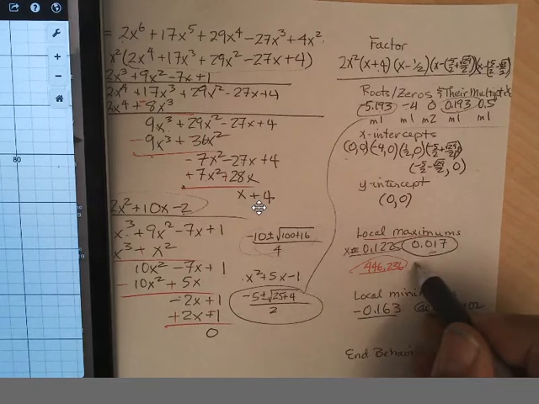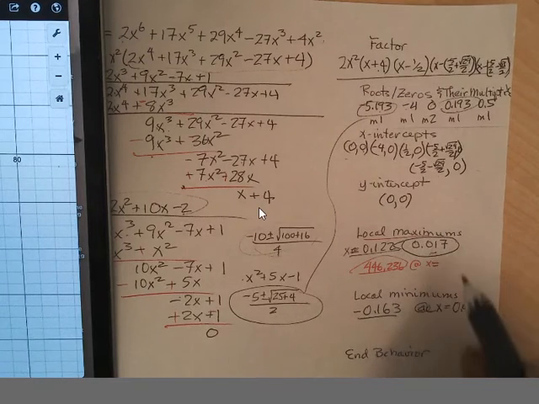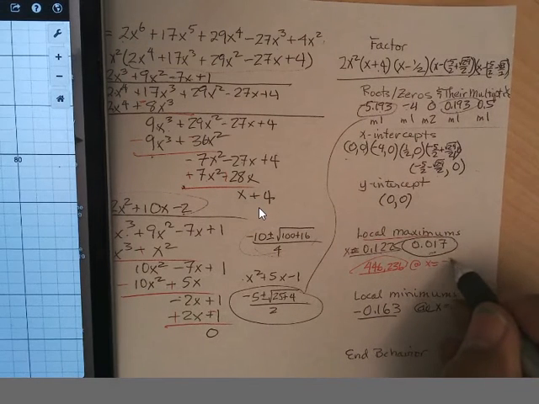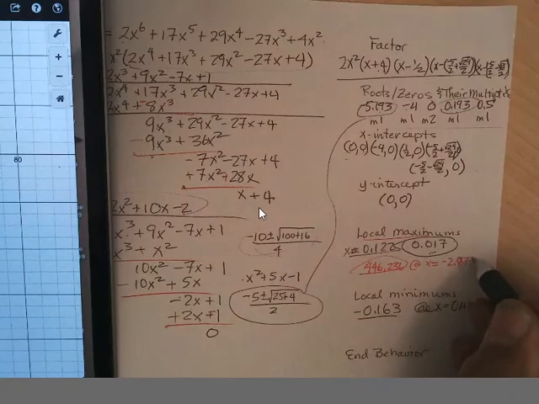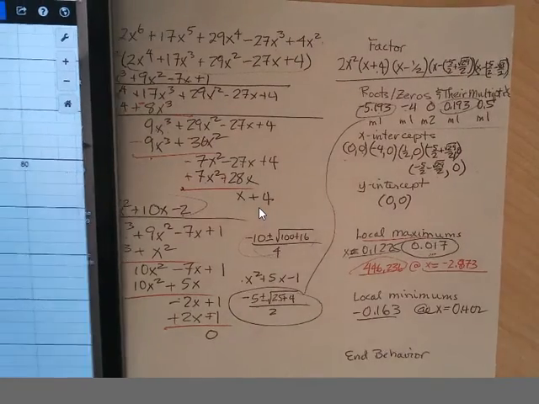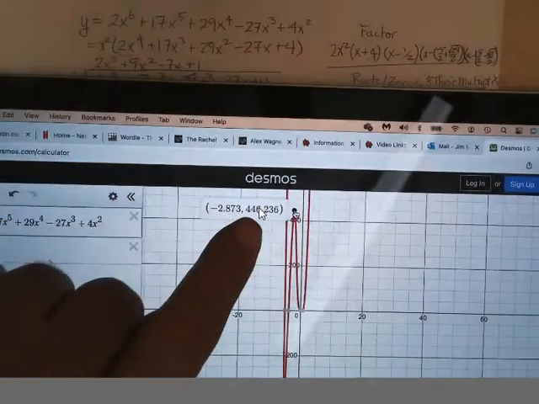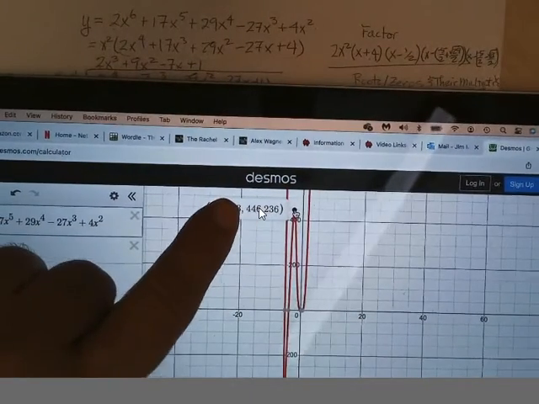You can tell me at x equal negative 2.873 if you want, but that's not necessary. That's what the local max is, the 446.